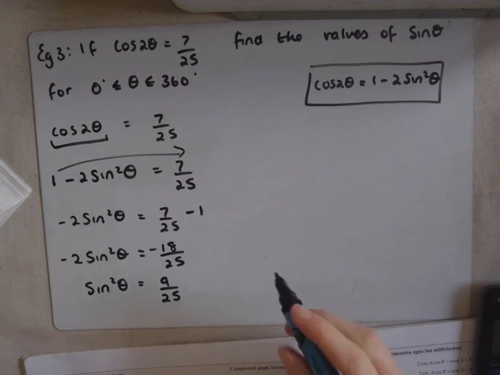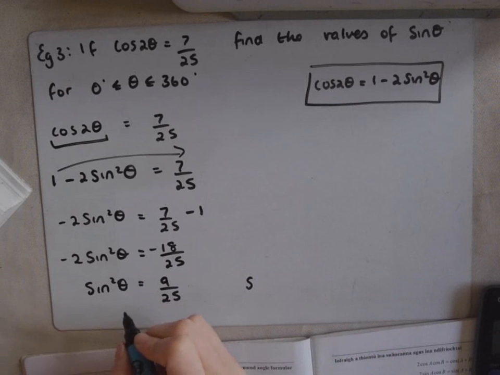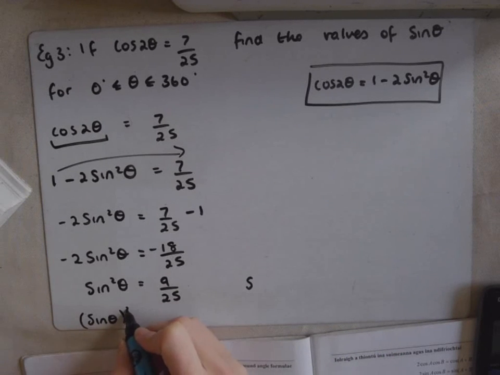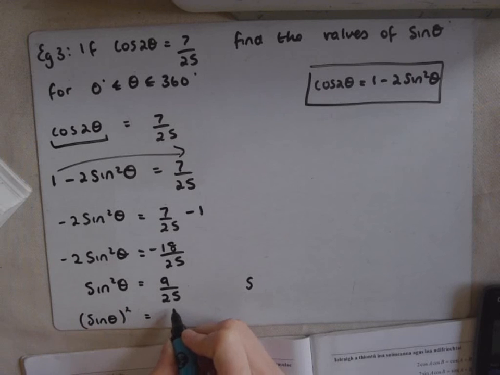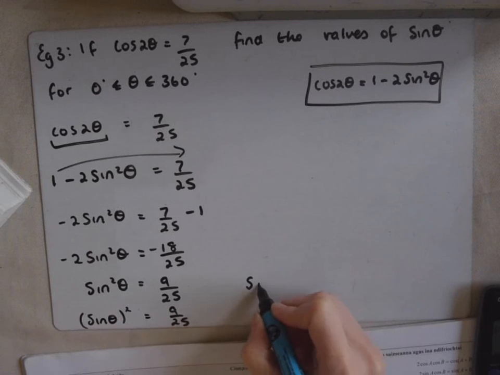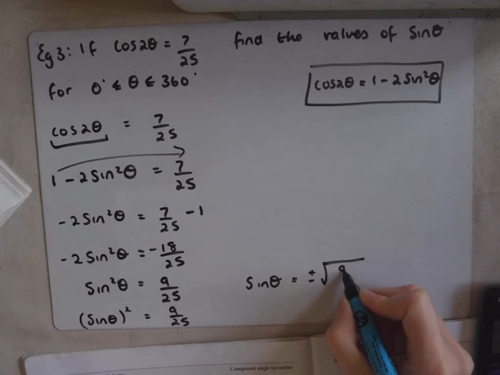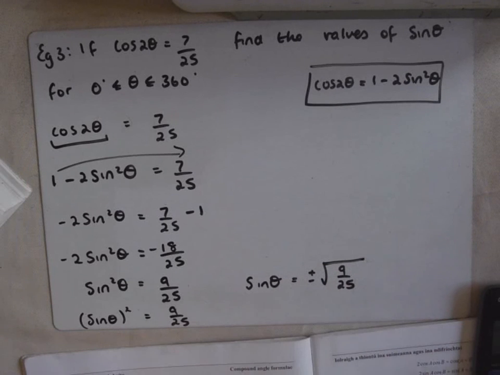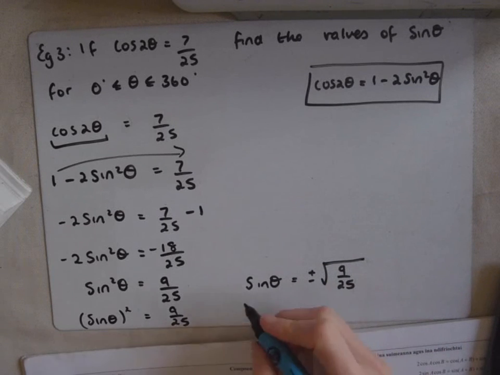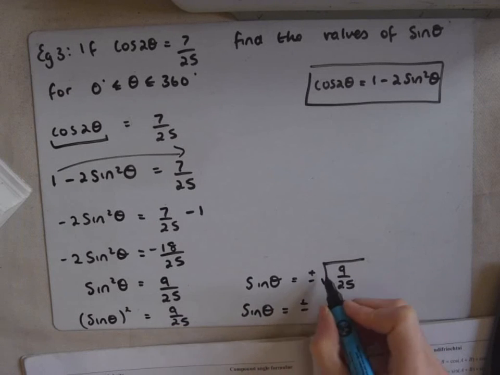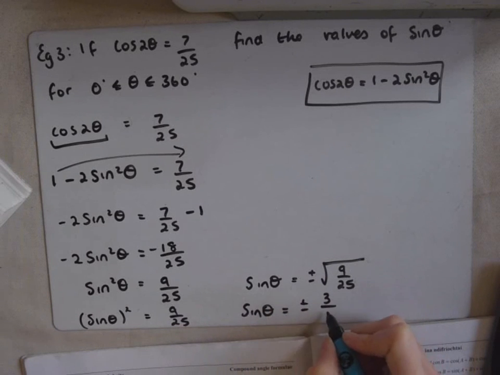So to get what sine of theta is, that's basically sine theta to be squared. Don't forget that. Sine theta to be squared. Okay? So to get what sine of theta is, I need to get the square root. But remember, when you're getting the square root, you need the plus and the minus. Okay? So sine of theta is plus or minus square root of 9 is 3, square root of 25 is 5.